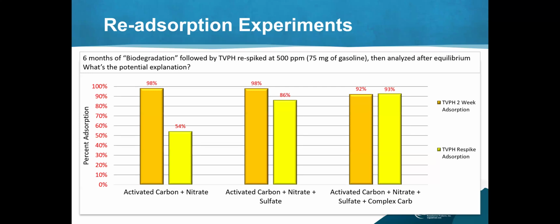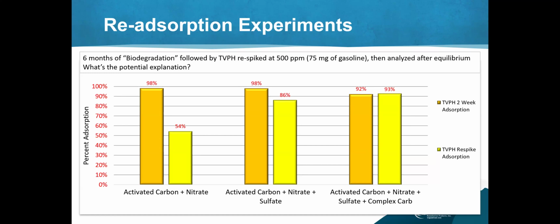Now, probably I should give you a picture of this, but here's what I want you to imagine in your mind. You had this carbon, and, sticking to the far left, you had nitrogen in with it, and then you determined how much was absorbed. And you put that down at 98%. Then you added the microbial mix, and you waited and waited for the 6 month period of time.